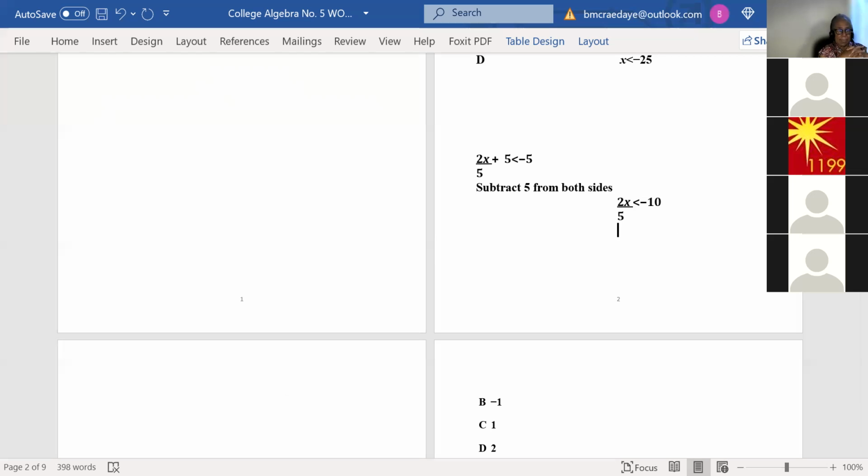So what would be your next step? You put the 2x less than... You gotta divide by the 2. No, you multiply by 5. Yeah, multiply by 5.